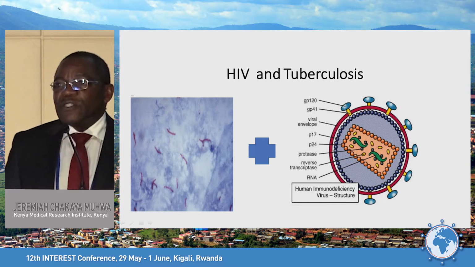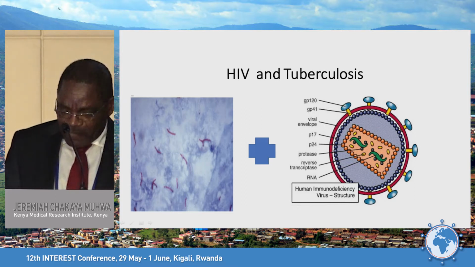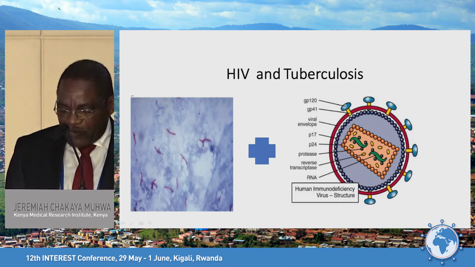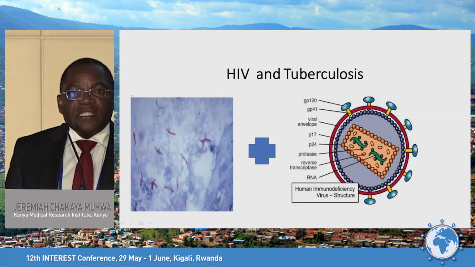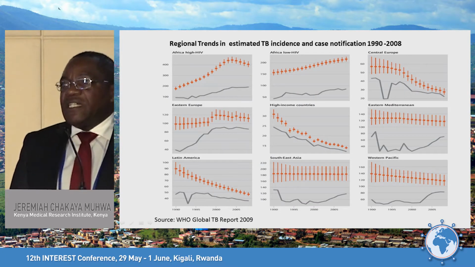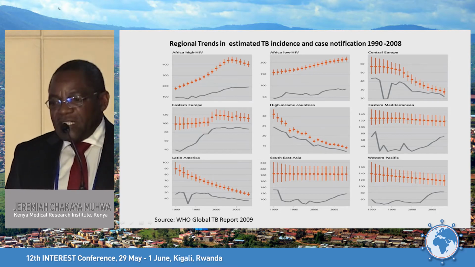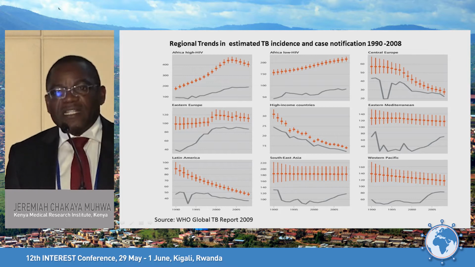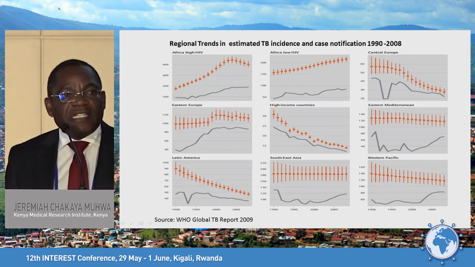HIV and tuberculosis, I don't think I need to belabor this point. It's an extremely important driver of TB, especially in the African continent. And many of us will remember this situation beginning about 1990, where in many parts of the world there was a decline in case notification and TB incidence.